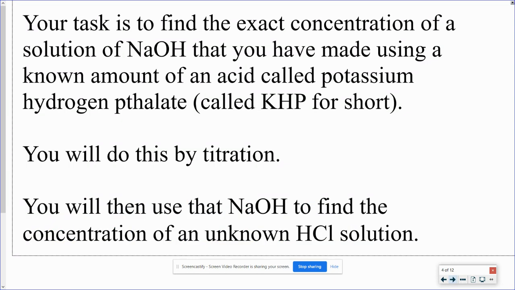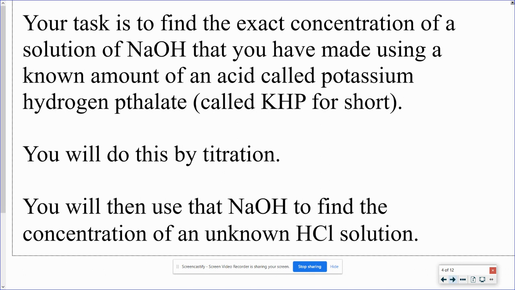So your task with the lab was to find the exact concentration of a solution of NaOH that you made by using a known amount of acid. The acid that we used is called potassium hydrogen phthalate, abbreviated KHP. So with the titration, we knew the amount of KHP we were adding. You dissolve that up as a solid. You could weigh out an exact amount.